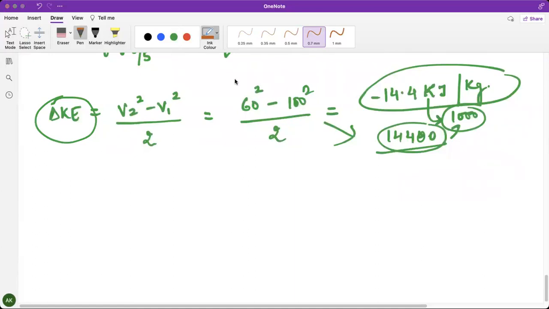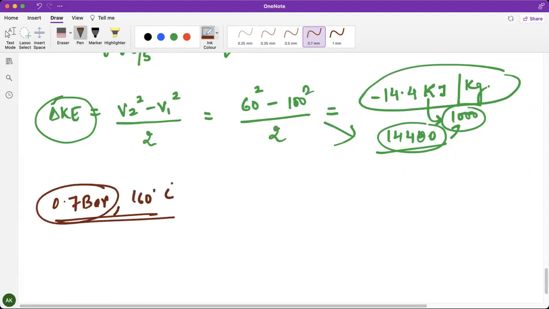Next, we look for the temperature and the enthalpy values, which we require for this. We are given 0.7 bars inlet condition, 160 degrees Celsius. At 0.7 bars, the saturation temperature is 89.96 degrees Celsius.